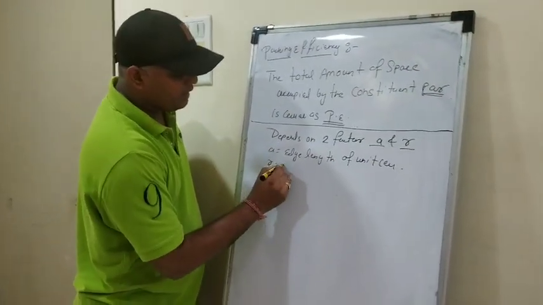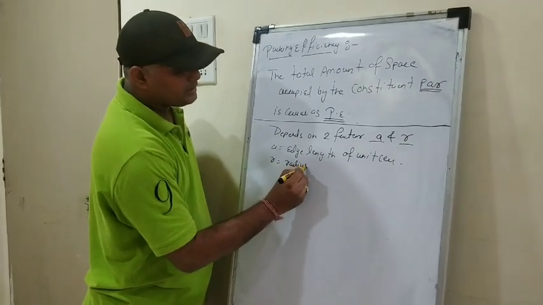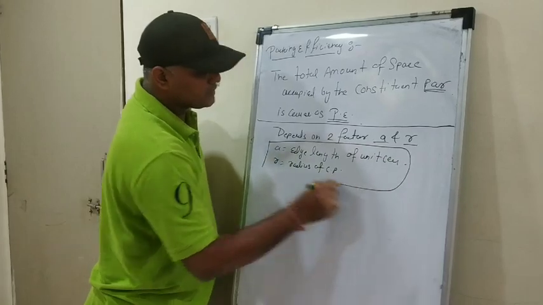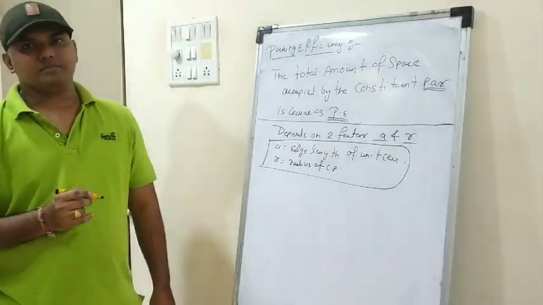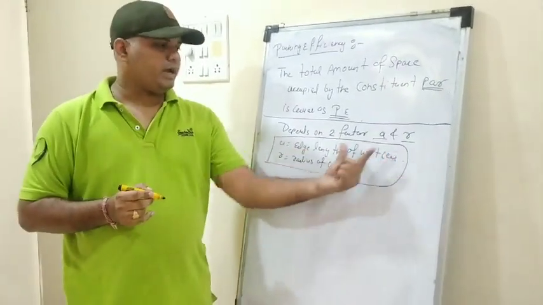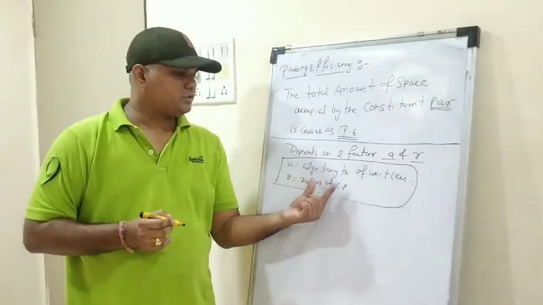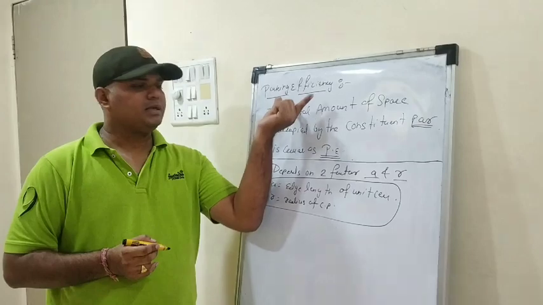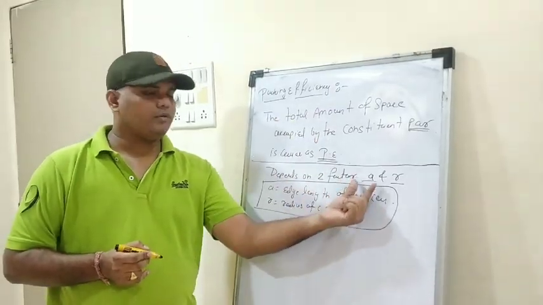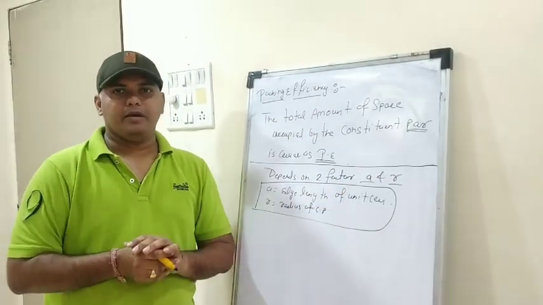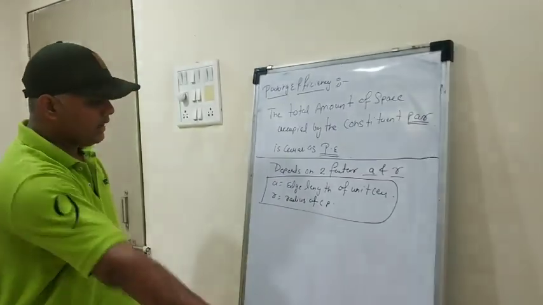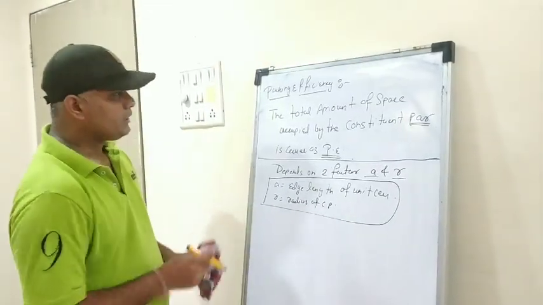R is nothing but the radius of a constituent particle, right? So these two terms are very important. A is equal to the edge length of the unit cell, R is equal to the radius of the constituent particles. In order to determine this packing efficiency, we need to first determine A and R. We need to calculate the radius for each of the particular cells. So let's begin here.